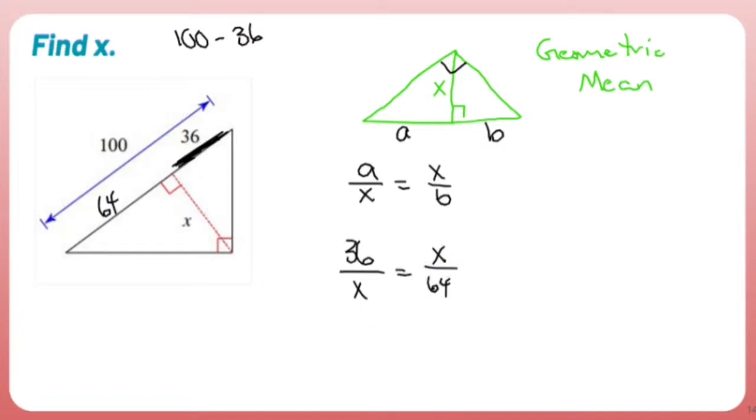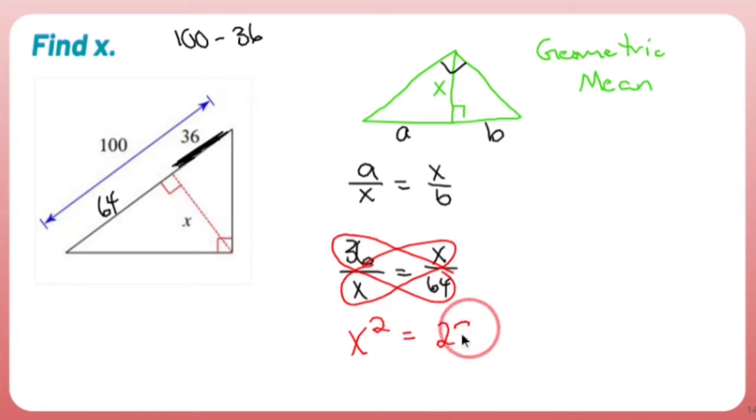Now that I have a proportion, I can do crisscross applesauce. Multiply two diagonals together, x squared, and multiply these diagonals together. That gets you 2,304. Take the square root of both sides because that's how you undo a square.